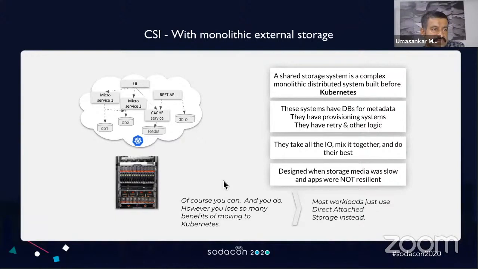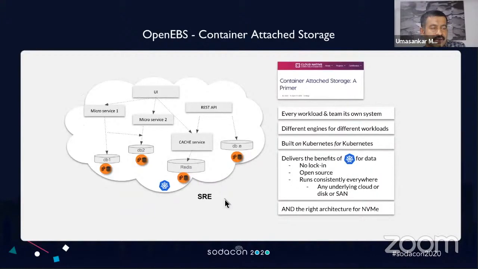So these are the challenges. Just because you have a CSI driver doesn't mean that you got everything, right? It's only about connectivity, and what you really need is this: you are moving yourself to containers, and is your data also doing the same thing? Can we retain all the benefits of your application being in a container when your data is also attached?